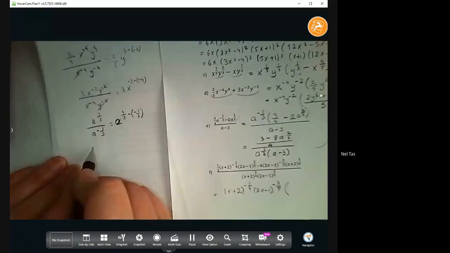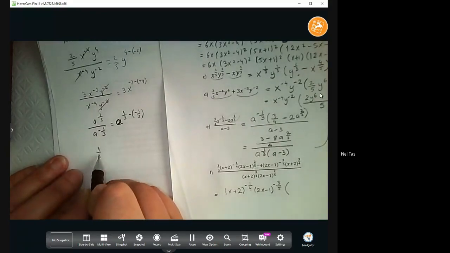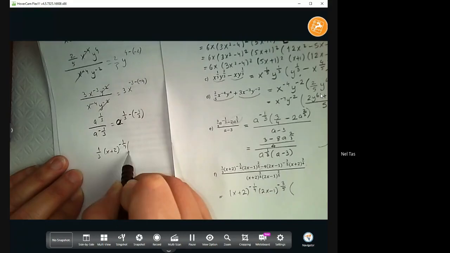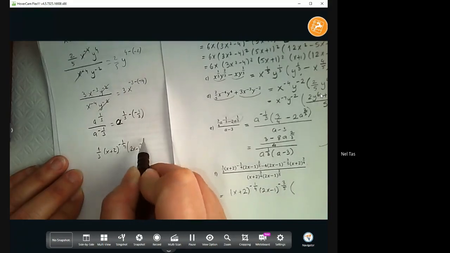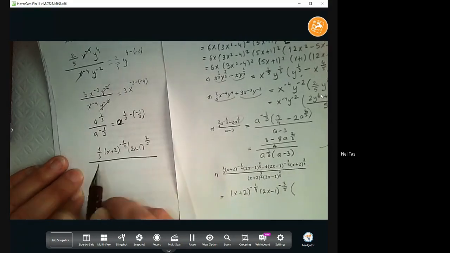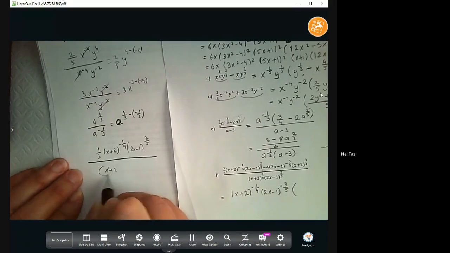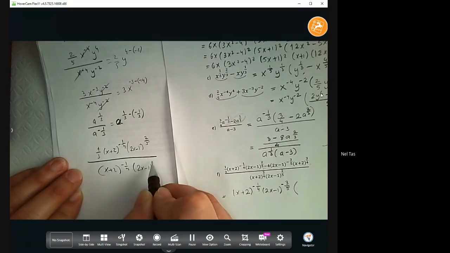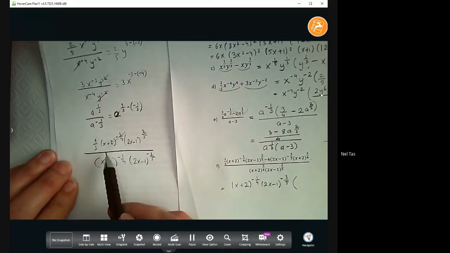Okay, so we are doing 1 over 3 x plus 2 to the power of negative 1 over 4, 2x minus 1 to the power of 2 over 5, divided by x plus 2 to the power of negative 1 over 4, 2x minus 1 to the power of negative 3 over 5. This and that is gone.